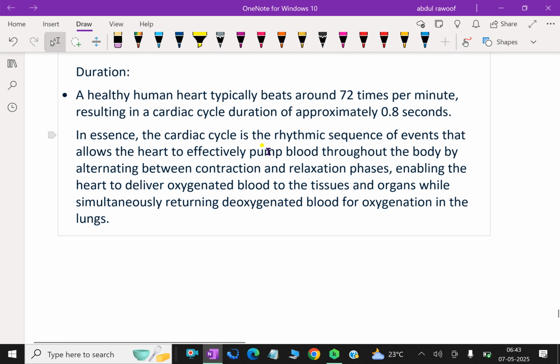What is the duration of these cycles? A healthy human heart typically beats around 72 times per minute, resulting in a cardiac cycle of approximately 0.8 seconds.